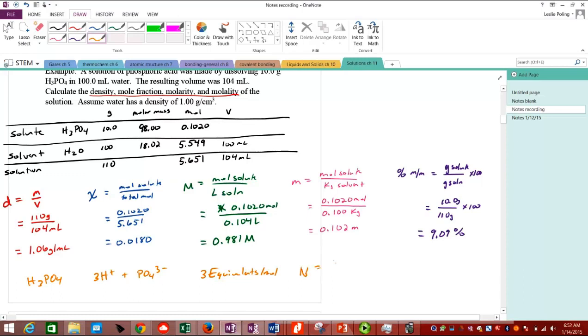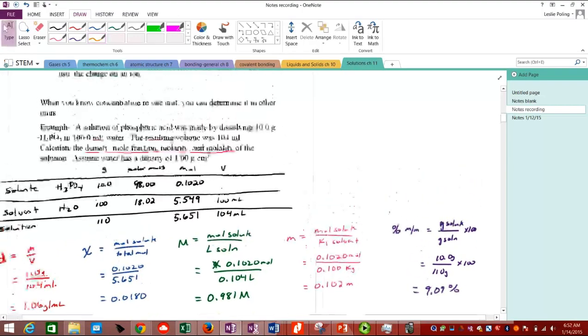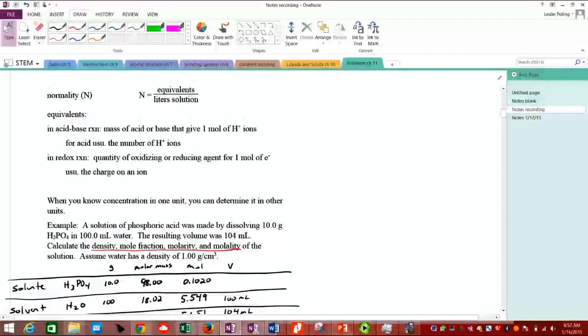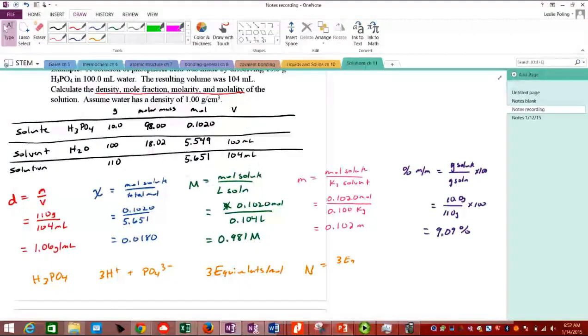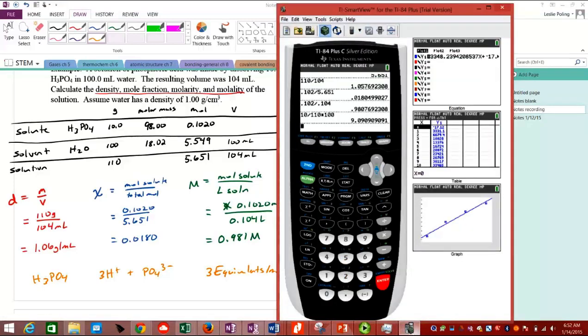So our normality would be 3 equivalents over liters of solution. So our liters of solution is 0.104 liters. So 28.8.